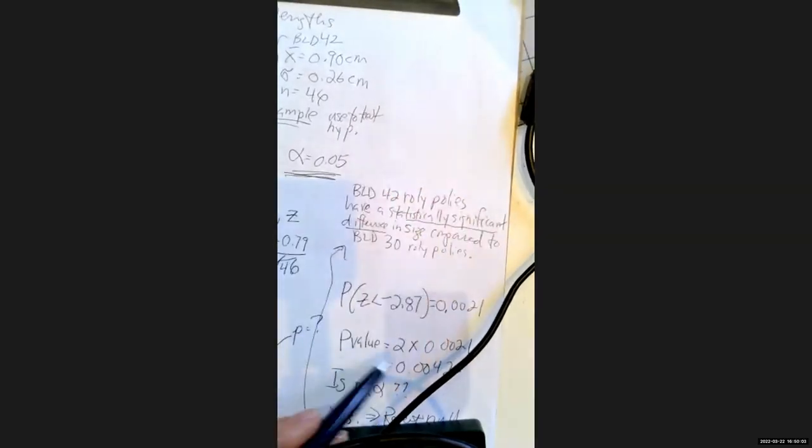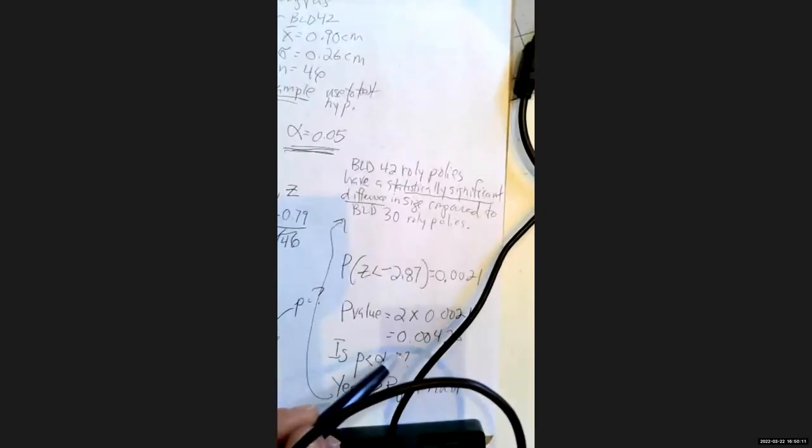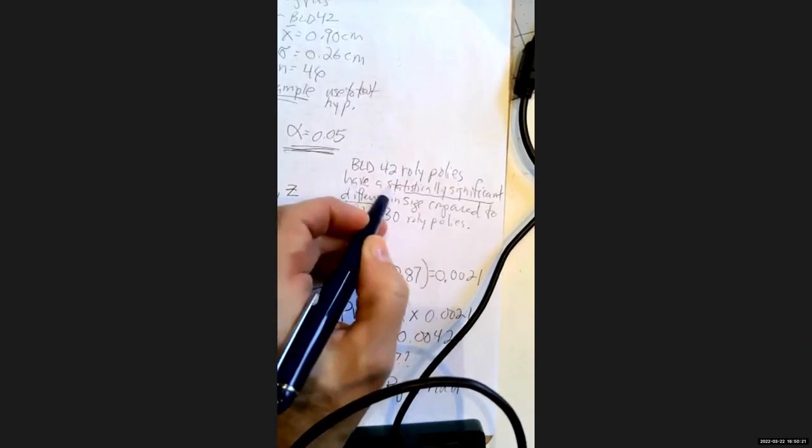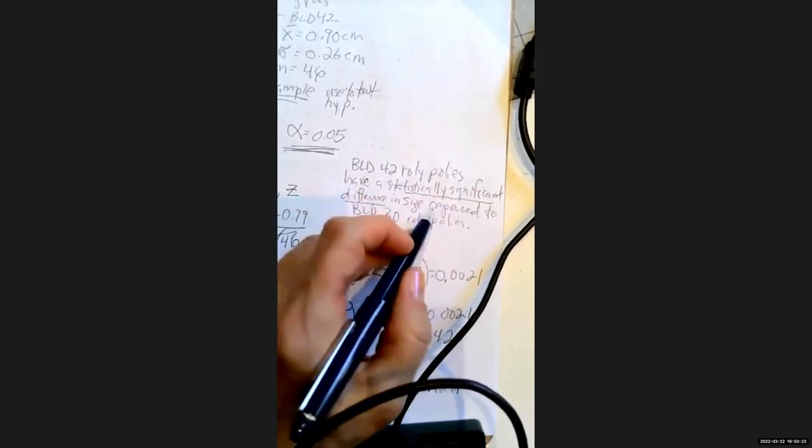Now, if we had found our p-value was 0.7 or some larger value, and we did not reject the null, we go through these same steps. Is p less than alpha? No. What do I do? I do not reject the null. In that case, I accept the null, and I would say building 42 roly-polies do not have a statistically significant difference in size.